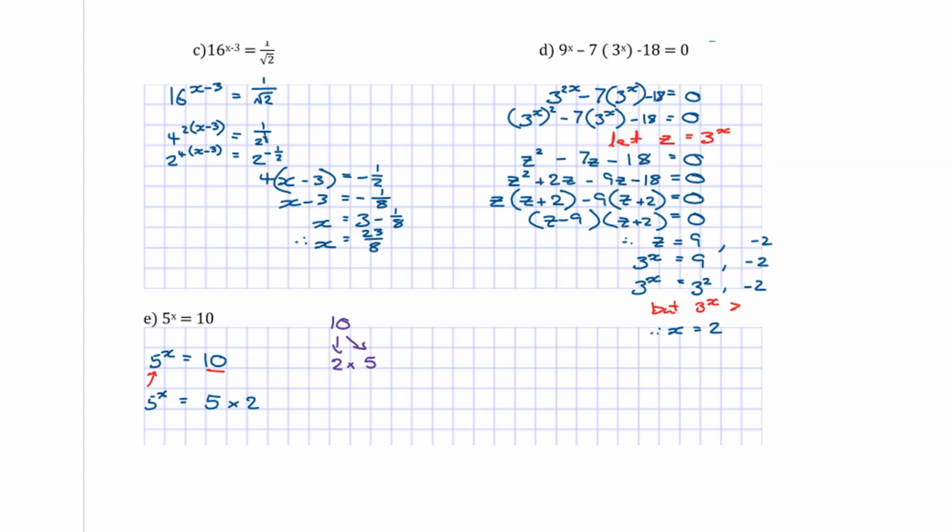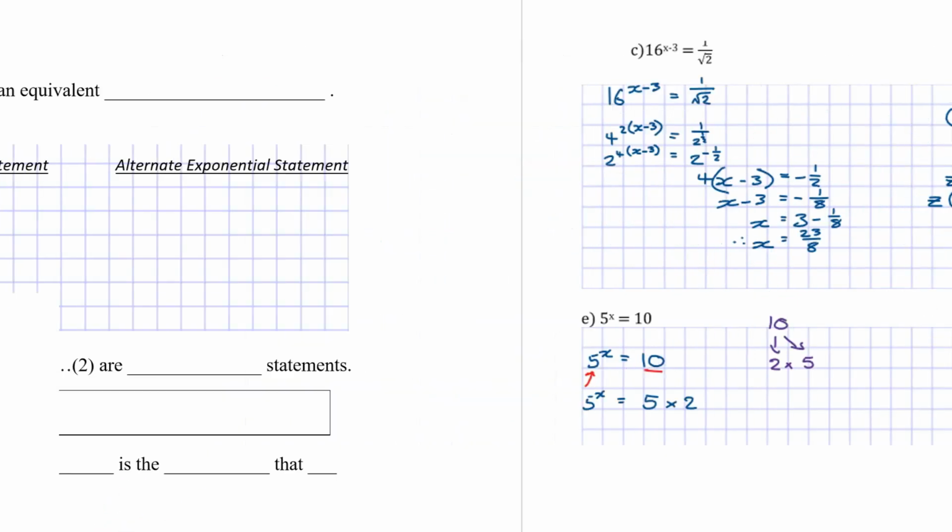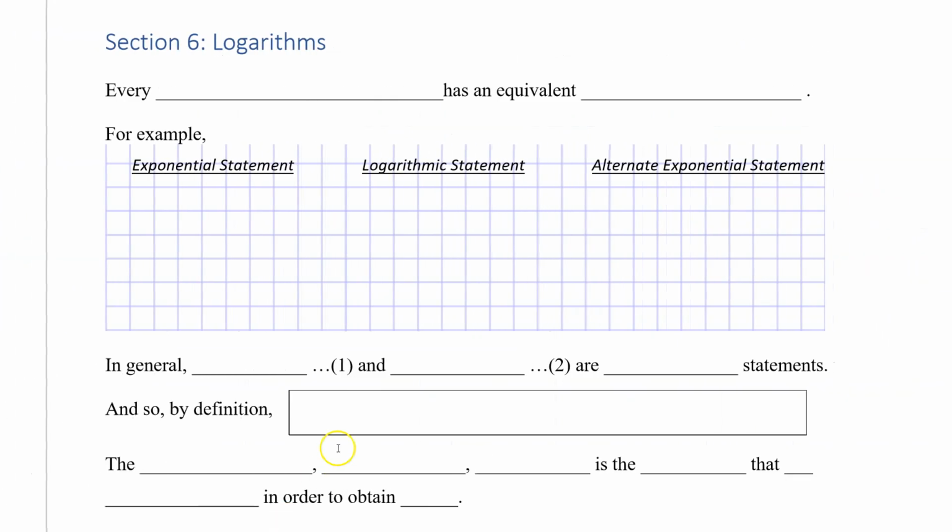Using our traditional methods, we'd first try to factorize 10 and then see if we can get it in the form of 5 to the power of something. But notice in this particular case it's not possible. So this is where we add a new tool to our mathematics toolbox called the logarithm.